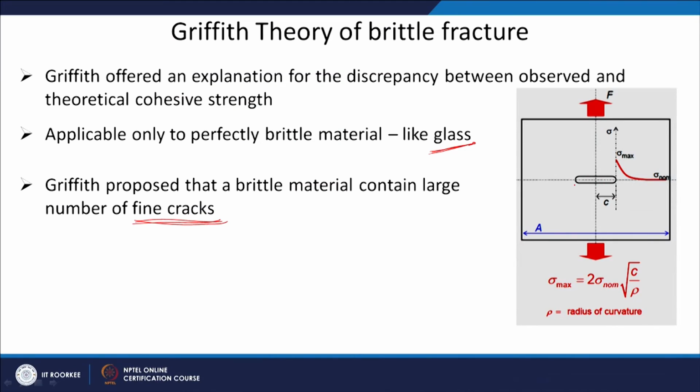So, what happens when you have a large number of fine cracks? For example, one crack is shown here in this figure. You are applying force F. The stress on the system will be given by sigma, which we call the nominal stress, that is force upon the cross-sectional area of the sample.